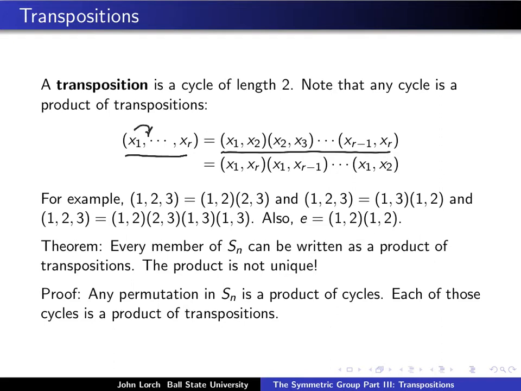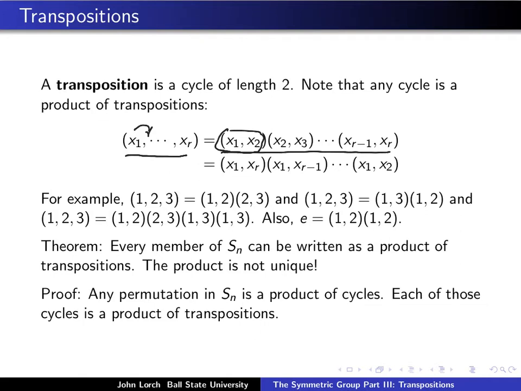Let's see if that works in our product of transpositions. In the rightmost transposition, we look for x1 and we don't find it, and so we continue leftward until we do find it. In fact, we don't find it until this very first one, where we see that x1 gets sent to x2, just as we had expected.